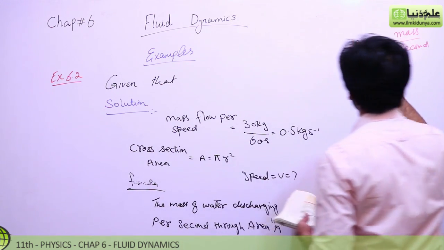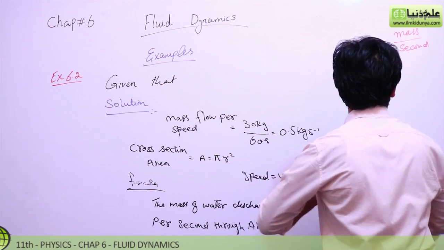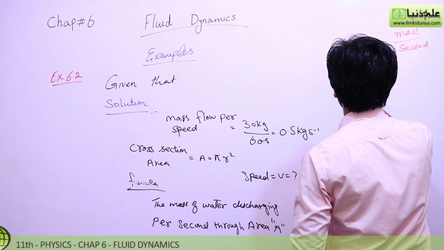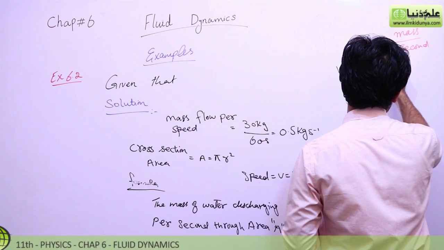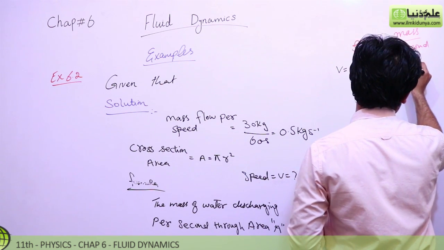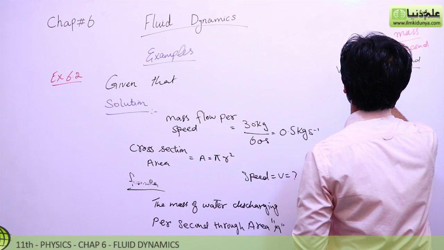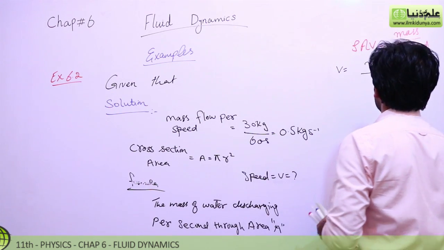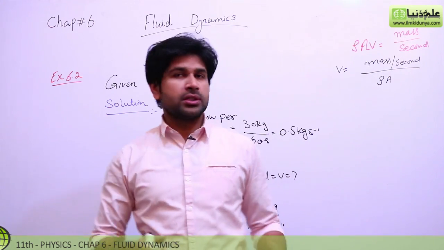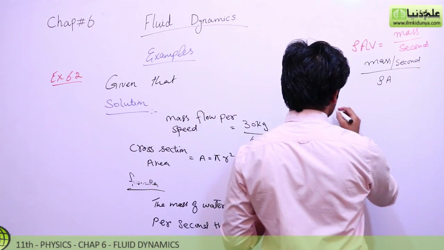We will have to find out the velocity, so we can write this formula as V equals mass per second divided by rho into area. So students, we will use this formula after substituting the values.